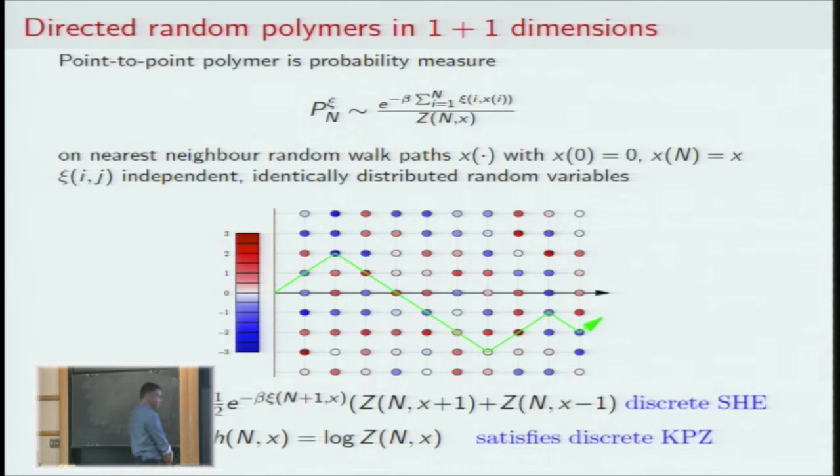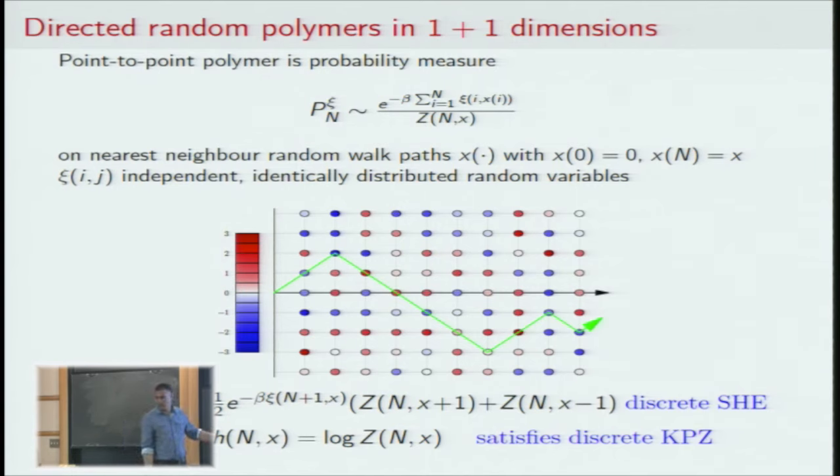Now the connection to KPZ, well, what does this have to do with KPZ? Well, the partition function satisfies a discrete stochastic heat equation. Z is just the sum of those, and that's just a discrete version of the Feynman-Kac formula. So of course it satisfies some discrete stochastic heat equation.